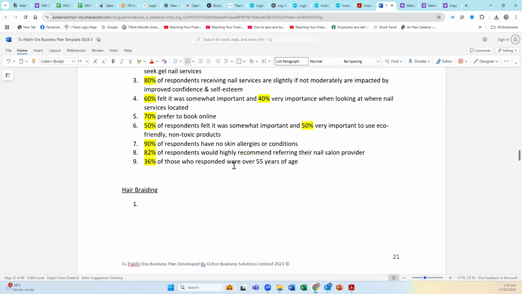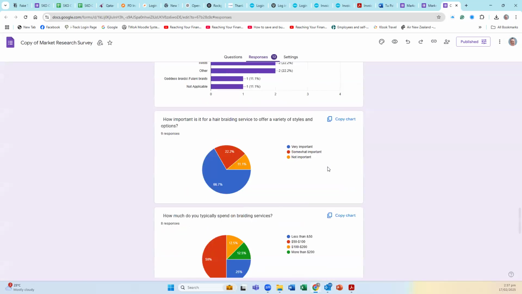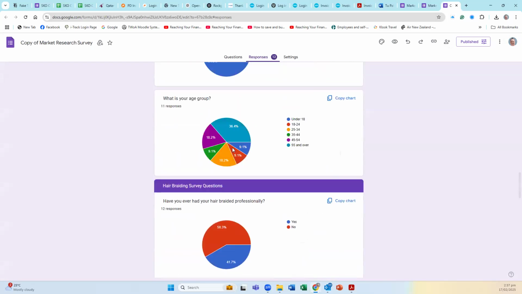And what else? 30% of those who responded were over 55 years of age. Let me just skip to the age one again. And 18.2% over 45.